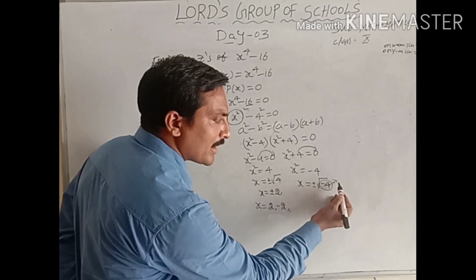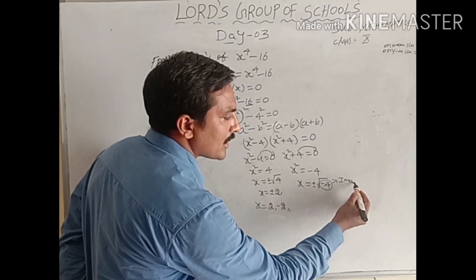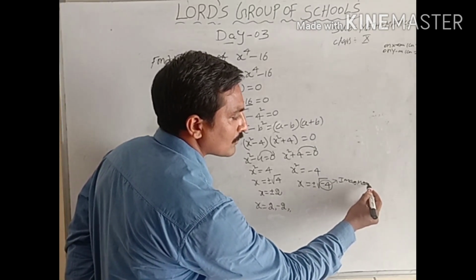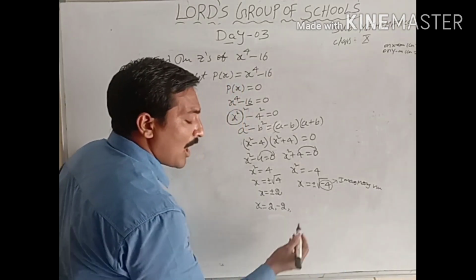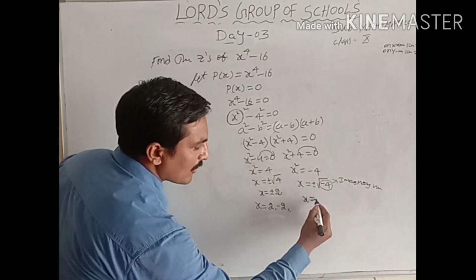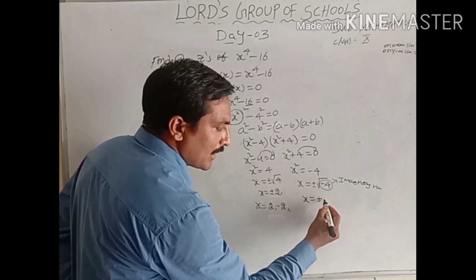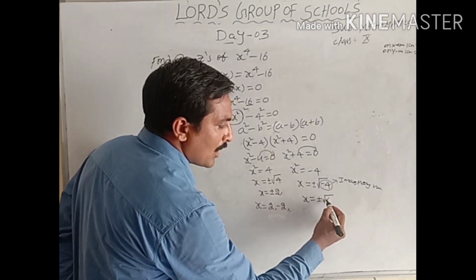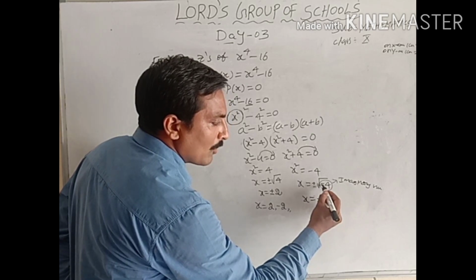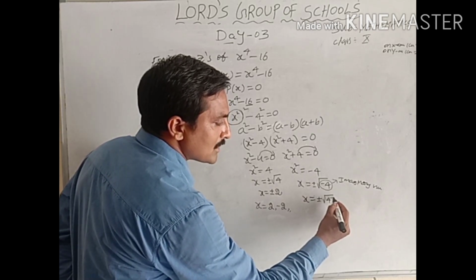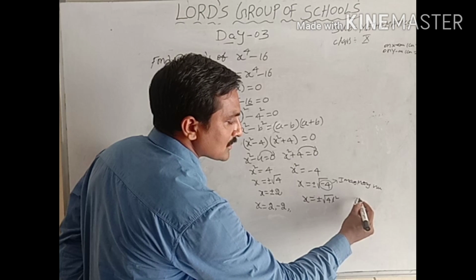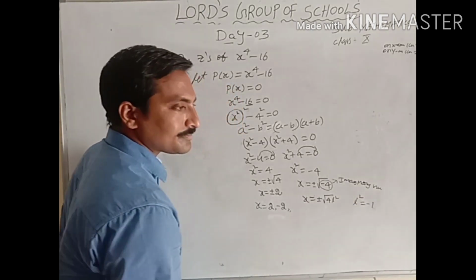That type of number is called an imaginary number. So how to write that number? x is equal to plus or minus. When removing the negative symbol from 4, instead of negative I will write i square. Why? Because i square value is minus 1.